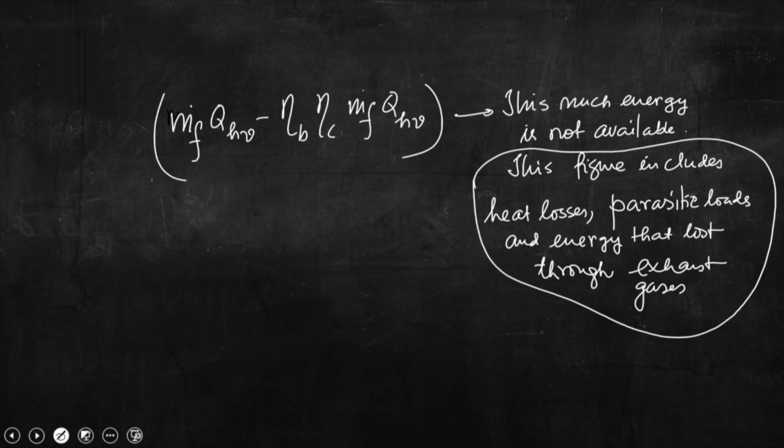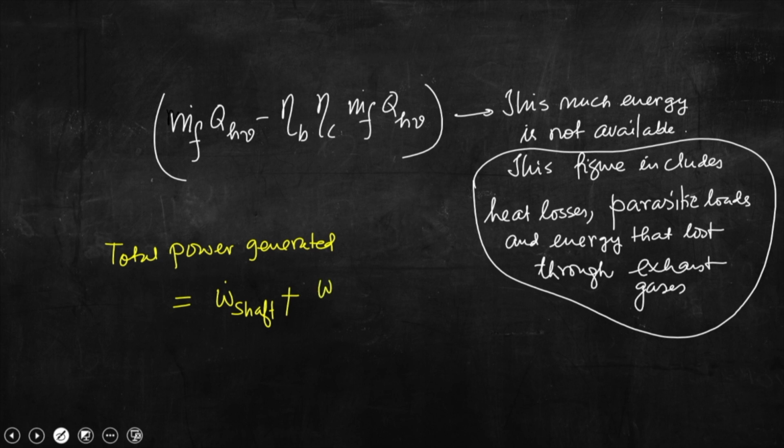Let me quickly write this expression in a slightly different way: total power generated equals W dot shaft, which is available, plus W dot not available, right. So, what does this not available include?